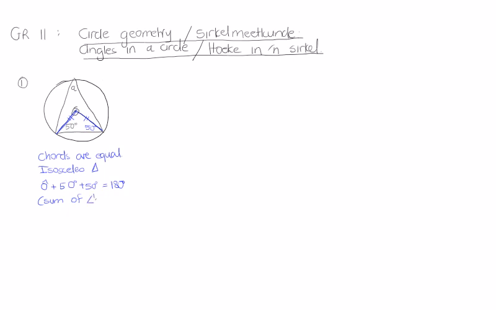Sum of the angles of a triangle equals 180. Therefore, angle O is equal to 80 degrees. And angle A is equal to the half, which is then 40 degrees.